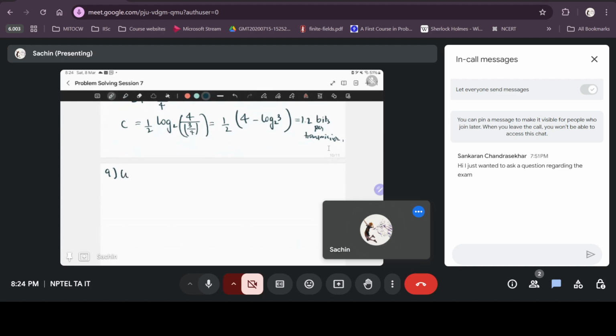Question 9. Consider a cascade of two Gaussian channels.